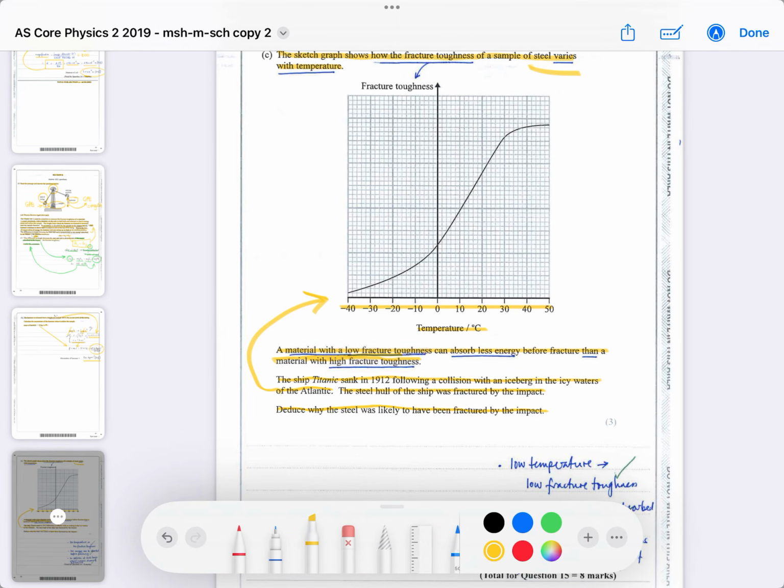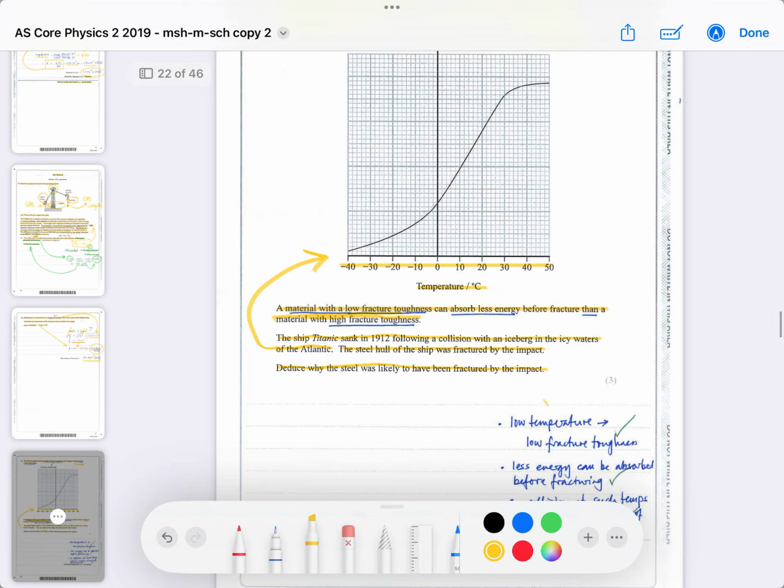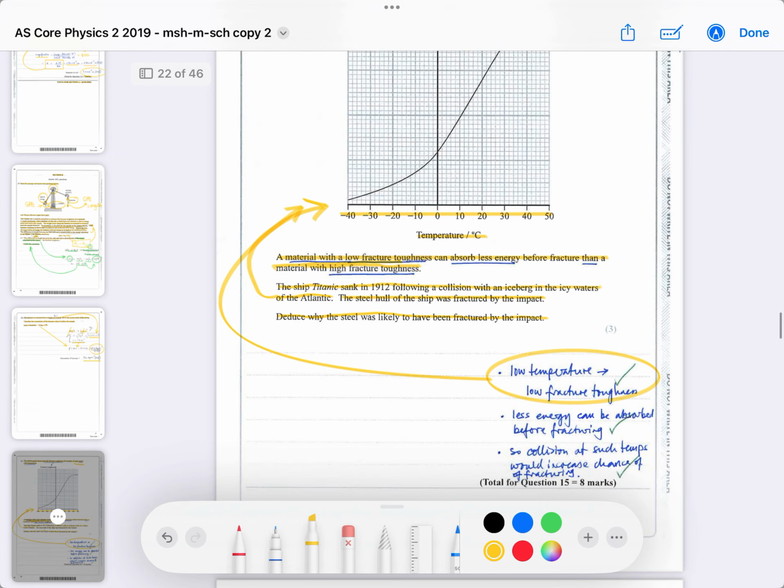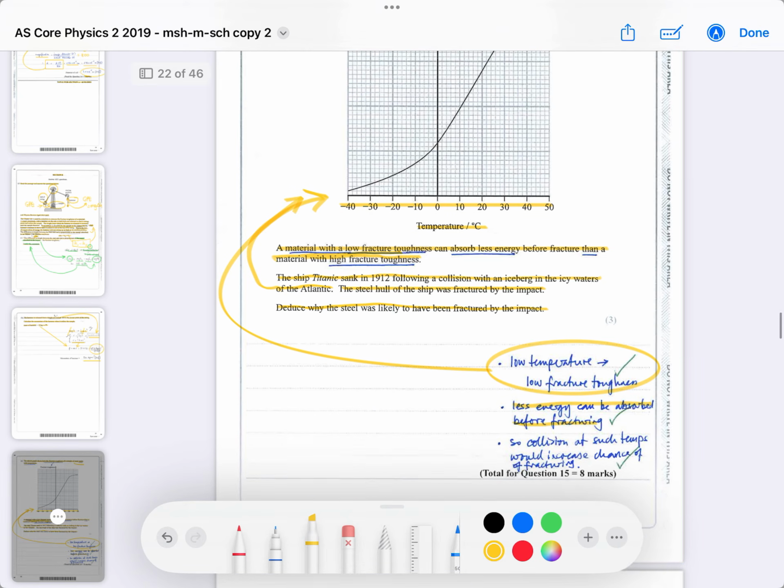Okay, well, first thing is you want to mention the low temperature produces lower fracture toughness, as you can see from this side of the graph. Okay, and less energy can be absorbed before fracturing at low temperatures.